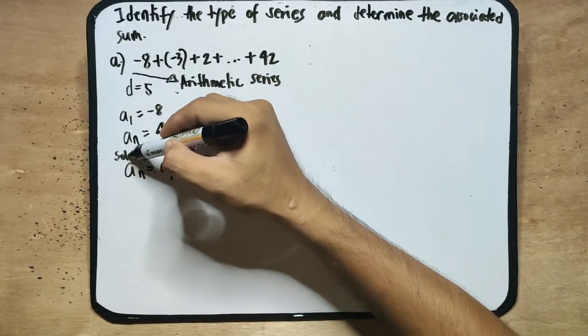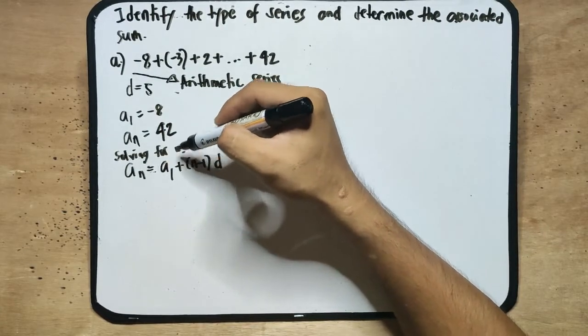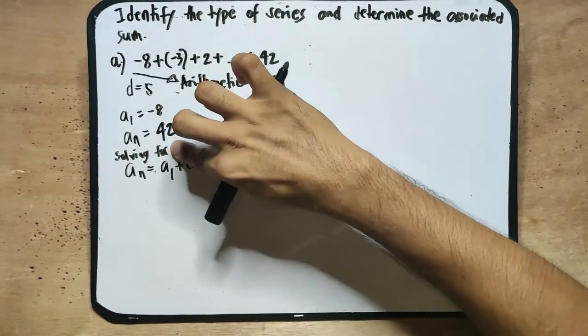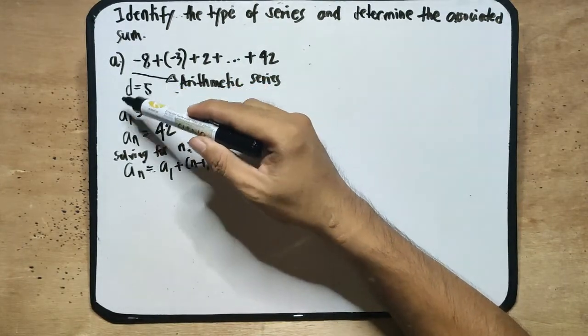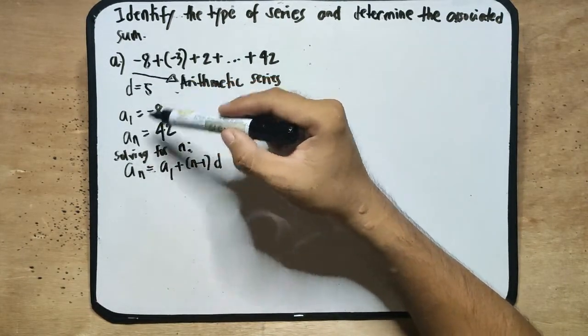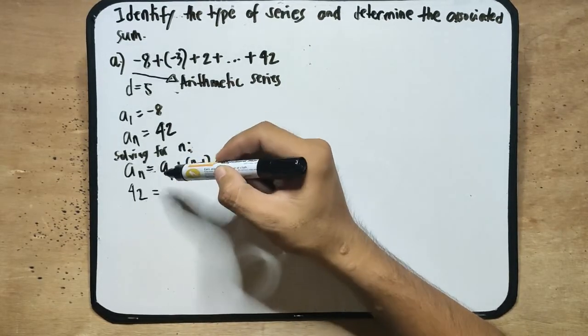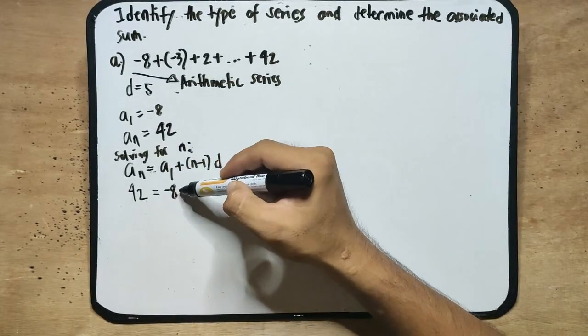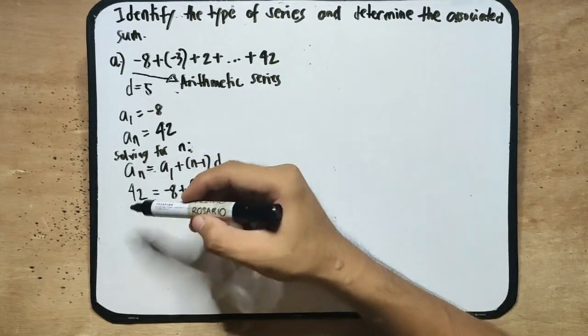So, this is to solve for n. We substitute everything here in the formula. So, a sub n is 42. A sub 1 is negative 8 plus n minus 1 times the common difference is 5.